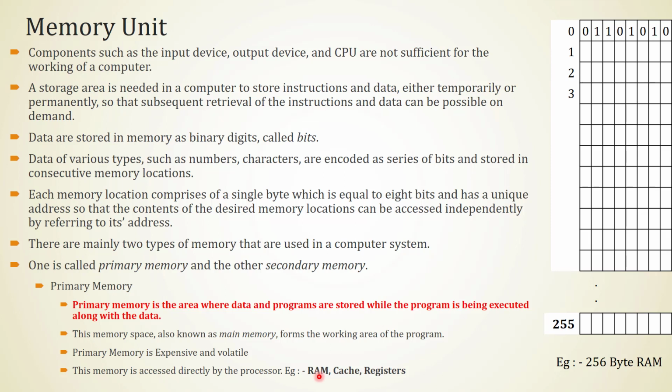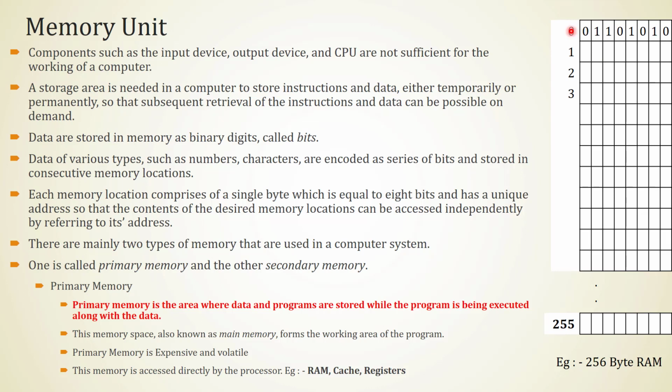Examples of primary memory are RAM, cache and registers. Cache you will study later or you can read somewhere else. Registers, you know, are a memory area inside the processor. RAM is primary memory, but it is outside the processor. Here I have given an example of a 256 byte RAM. That means this RAM can store 256 bytes. I already told you each byte contains 8 bits, and each byte will have a unique address.